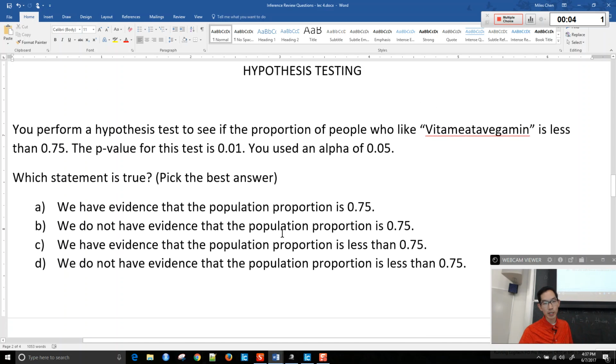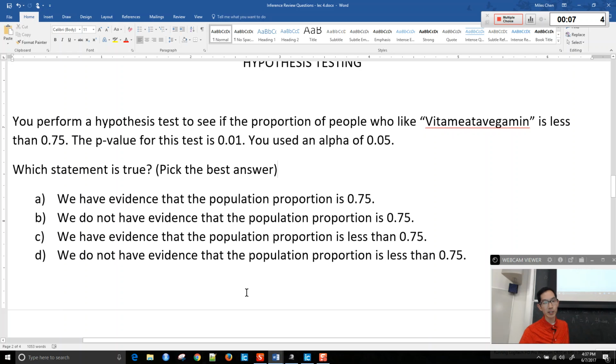Do we have evidence that the population proportion is 75%? We do not have evidence that the population proportion is 75%, or we have evidence that the population proportion is less than 75%, or we do not have evidence that the population proportion is less than 75%. So this is the question that we are working with.